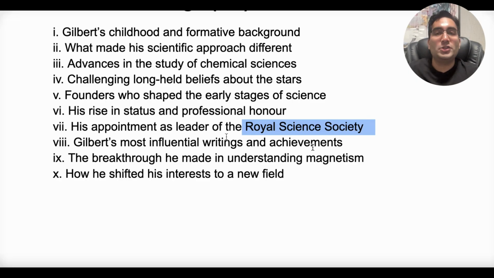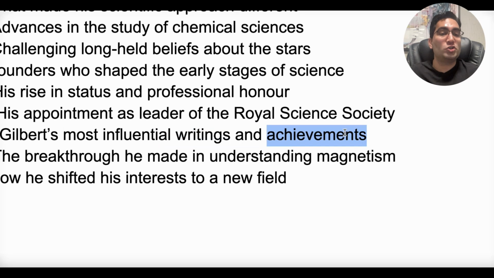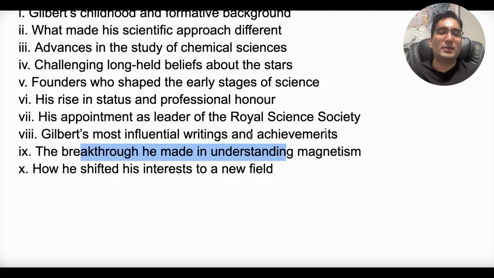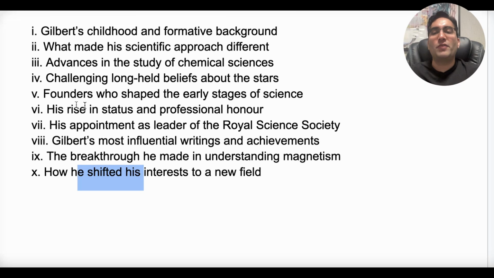If this was not mentioned, I can clearly ignore this as an answer. Gilbert's most influential writings and achievements could be achievements, but there were no writings mentioned. Breakthrough, no, there was nothing about magnetism either. How he shifted his interests. So shifted, that part is not mentioned. Finally, this was the answer we selected, and this still makes the most sense.